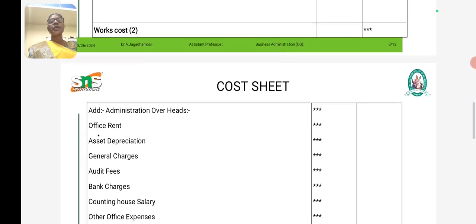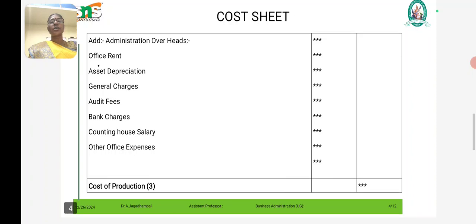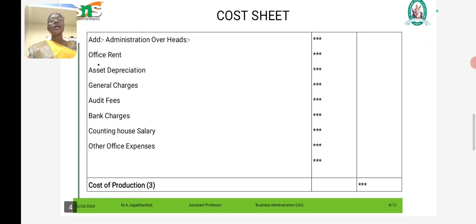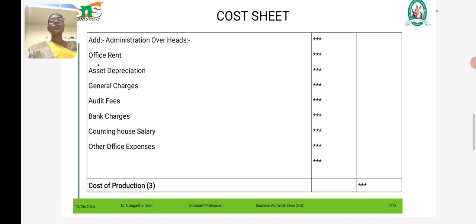First we find the prime cost, then the work cost, then we add the administrative overheads. What are the administrative overheads? Office rent, that is the administration-related expenses we spend, so that is included in the administrative overheads.